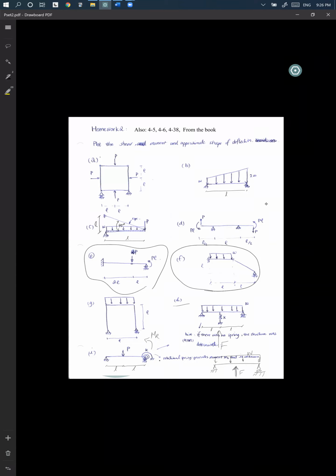So yeah, I'm trying to see if I can find the problem 438 from the book.